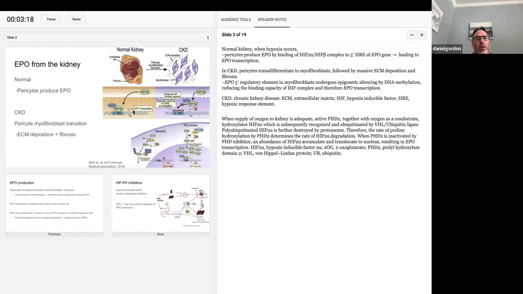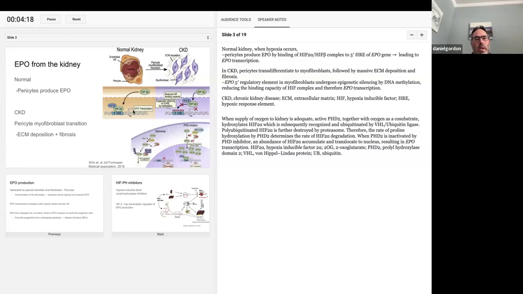When we are transitioning into patients with chronic kidney disease, these pericytes undergo myofibroblast transition, or transdifferentiation, where the extracellular matrix expands and deposits, leading to fibrosis in this region of the kidney.